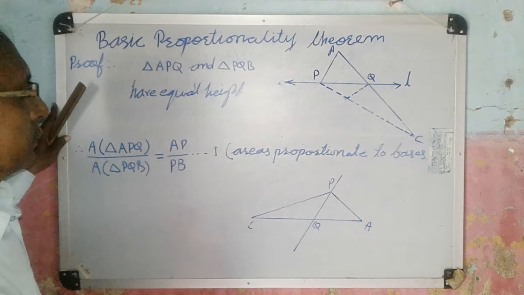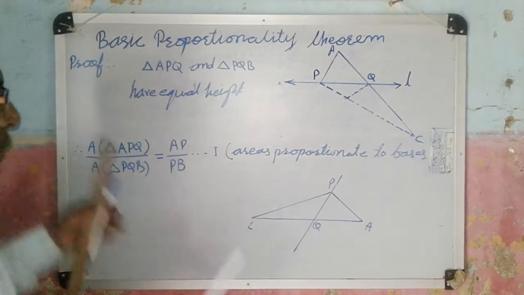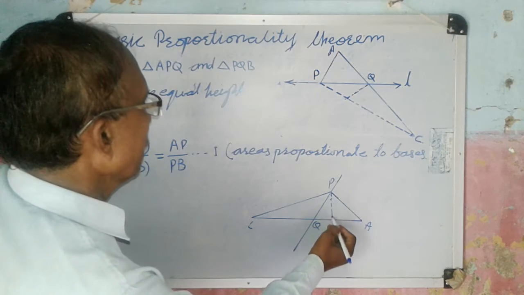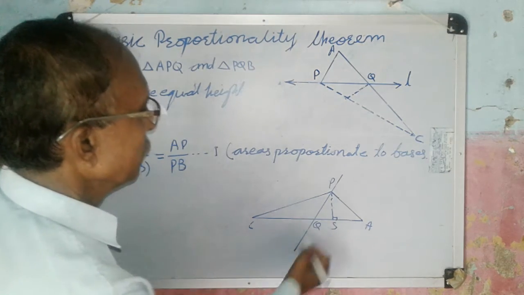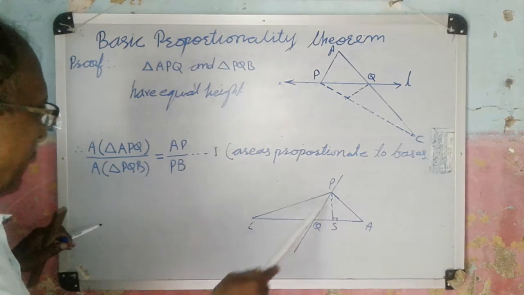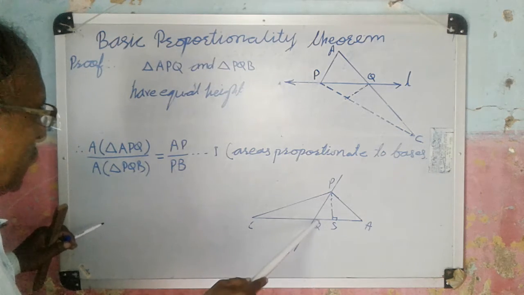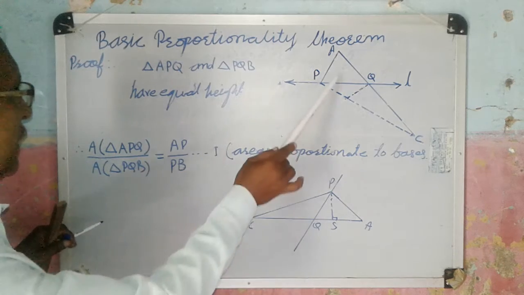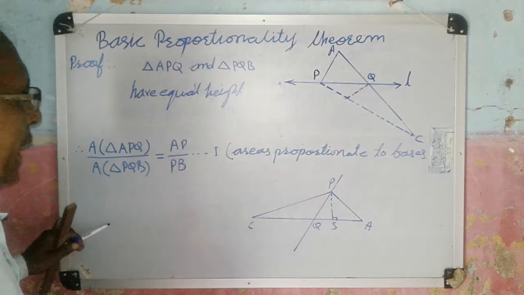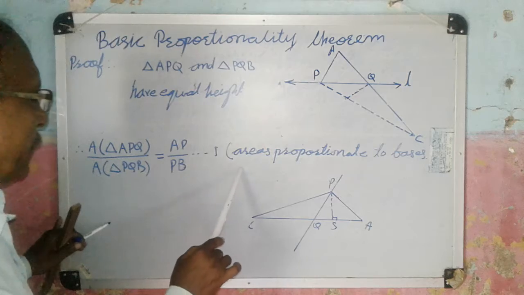These two triangles also have equal height. That means if you draw a perpendicular from P here, the height of triangle APQ is PS and the height of triangle CPQ is also PS. That means these two triangles are of equal heights. So we have to use the same property which we used in the first statement.